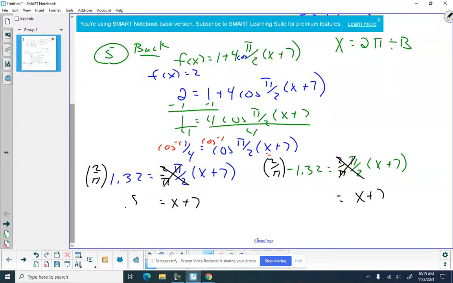It should come down to 0.84 here. Then this will just be the negative over here.